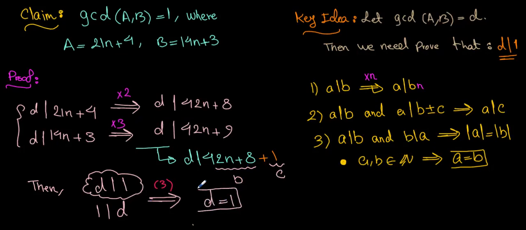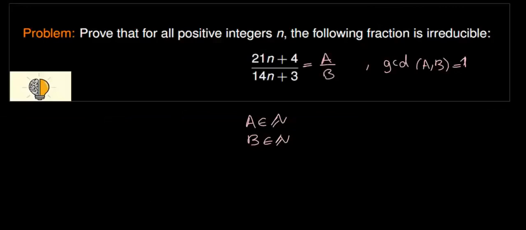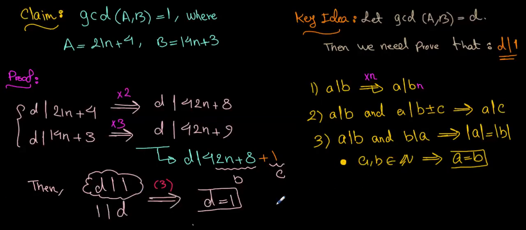So let's come back to our question. We proved that the GCD of a and b is equal to 1, which means they are co-prime. So it means this fraction is irreducible, and the proof is complete.